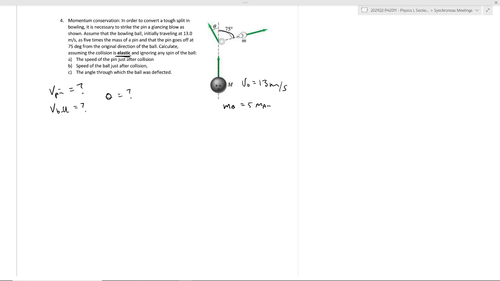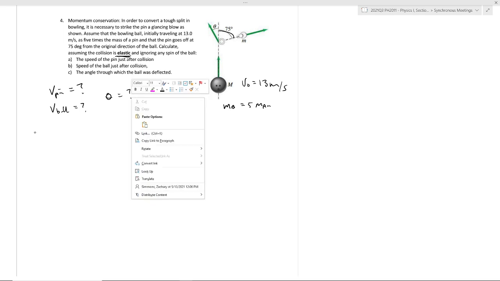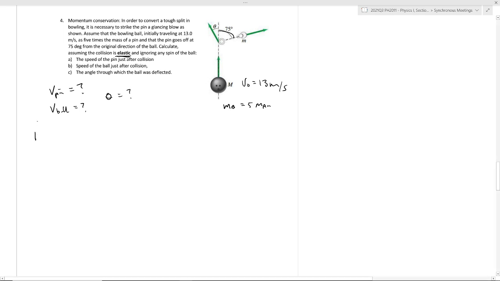So since it's elastic, we'll also have energy conservation. And see what we have as our starting point. So first thing is energy conservation.